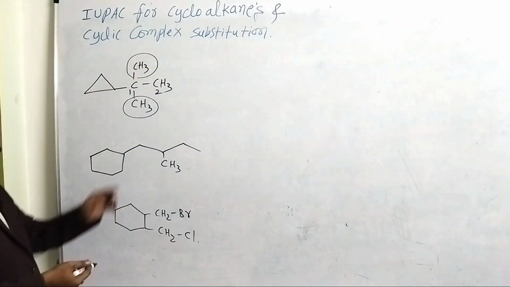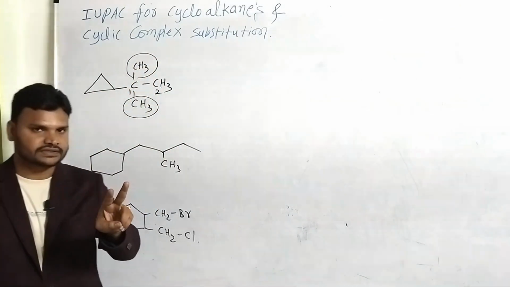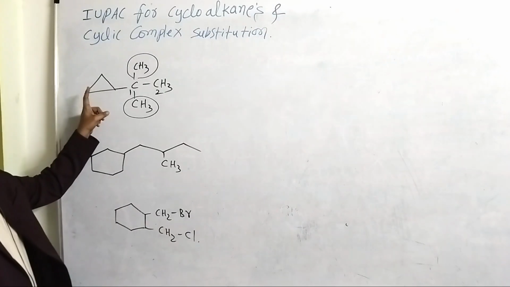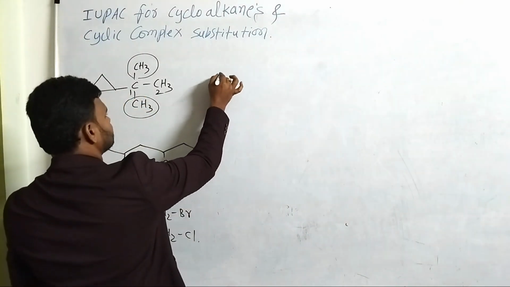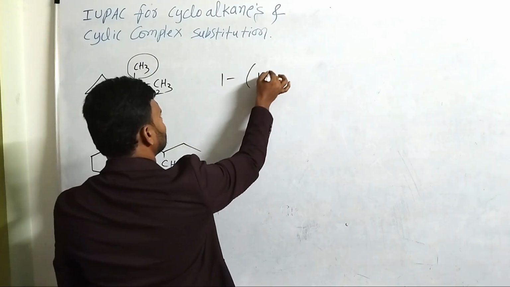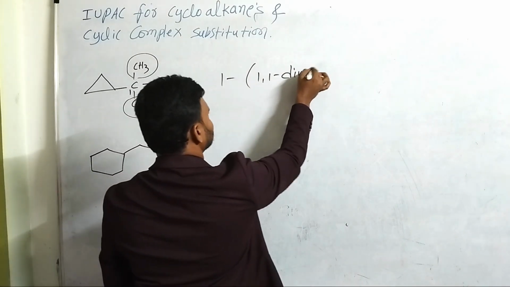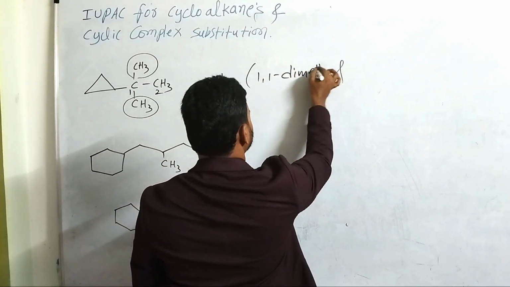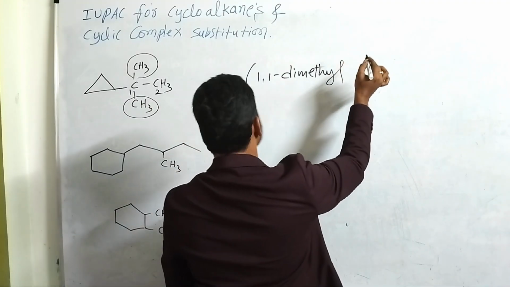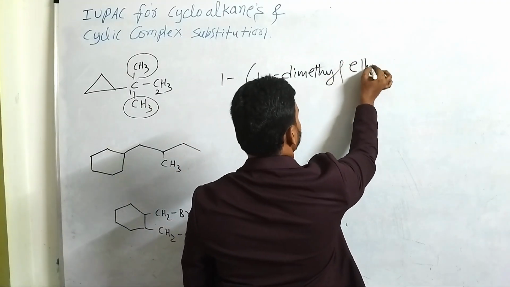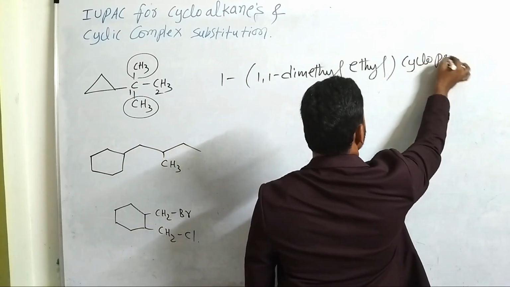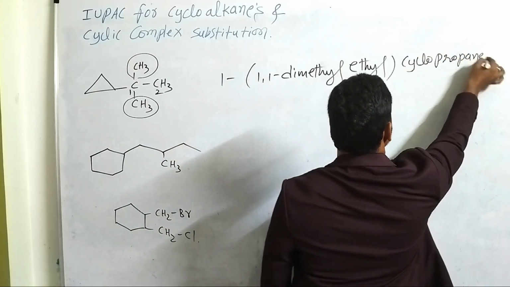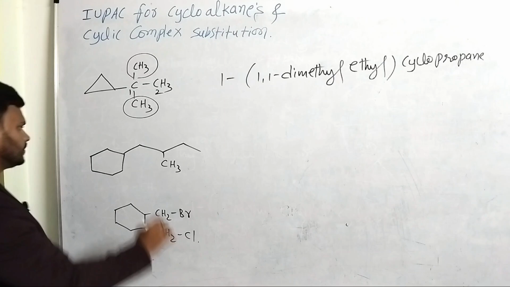Now tell me, how many carbons does the side chain contain? 2 carbons. That indicates this one acts as the major group and this one as a substituent. So this is the answer: 1,1 dimethyl and total 2 carbons, ethyl, cyclopropane.